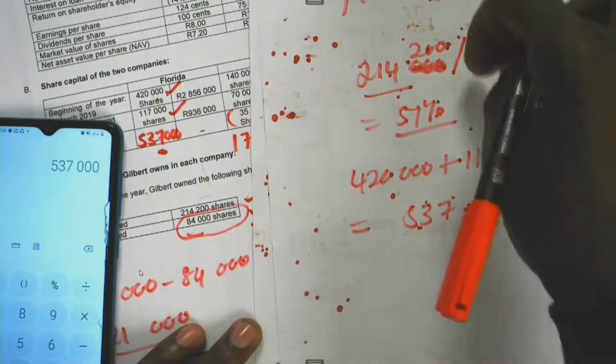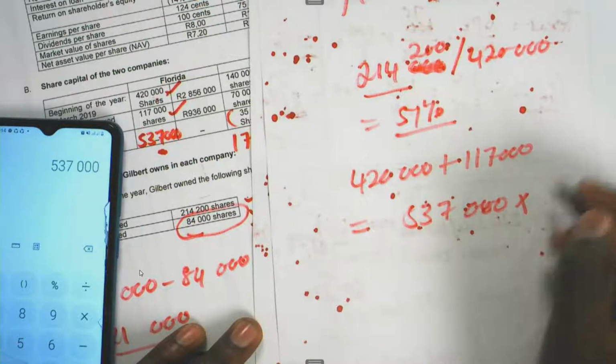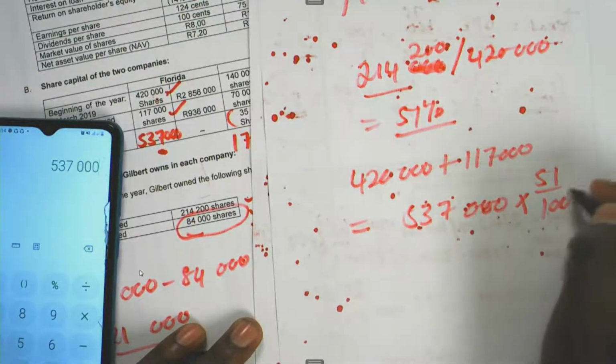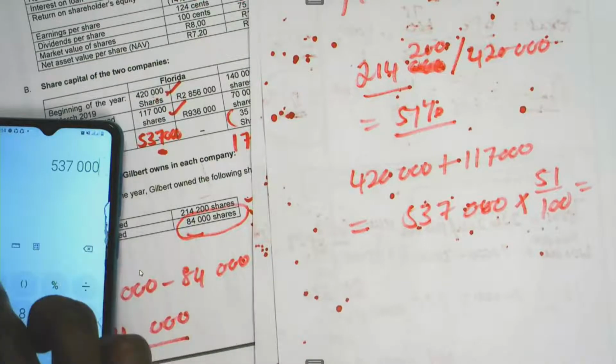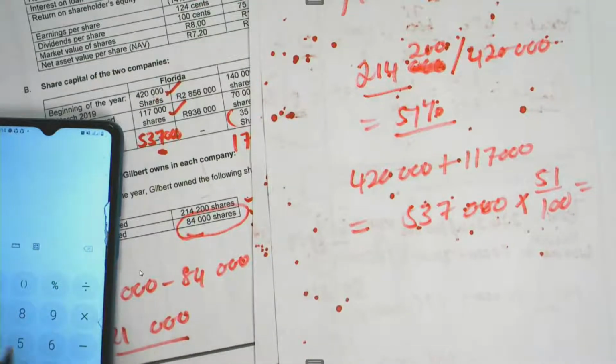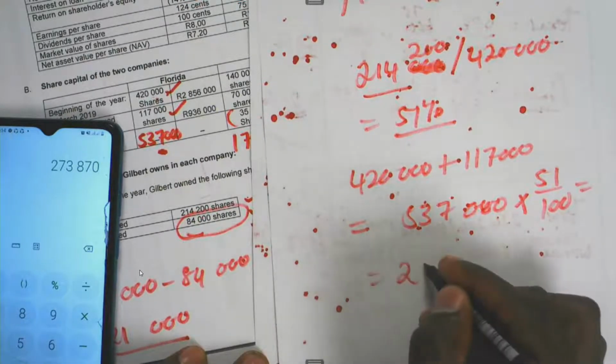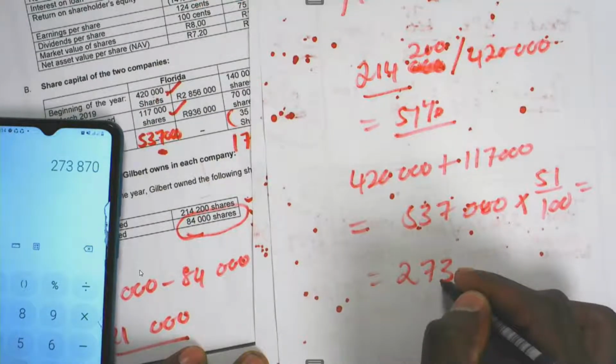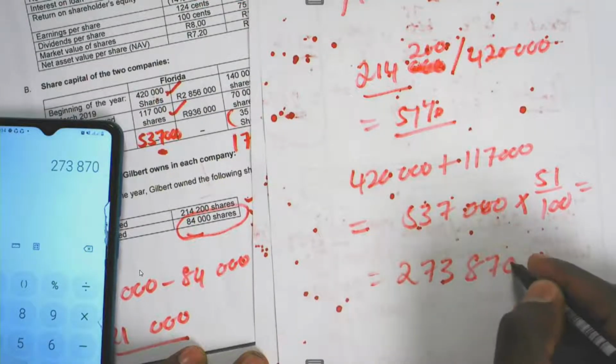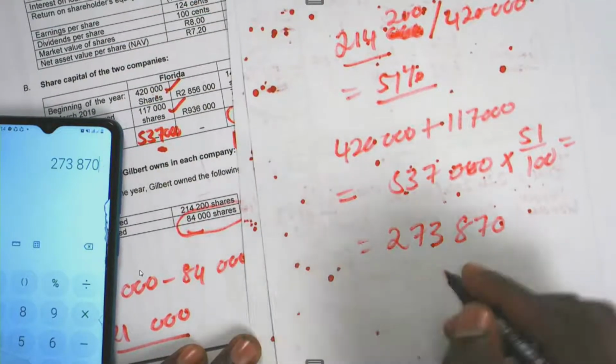If he wants to maintain his percentage, then he will have to multiply this by 51 over 100 to see how many shares he must own in this company. So we are going to say 537,000 multiplied by 51 divided by 100. It means he must have 273,870 shares.